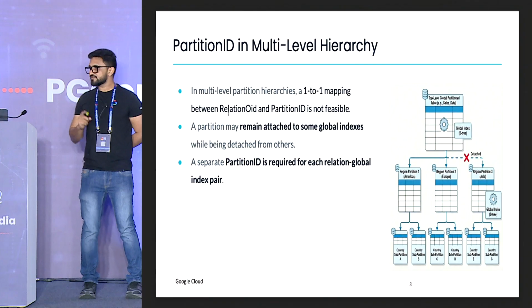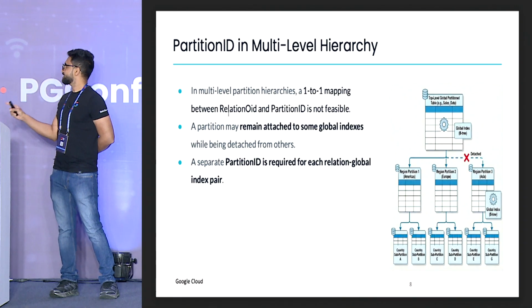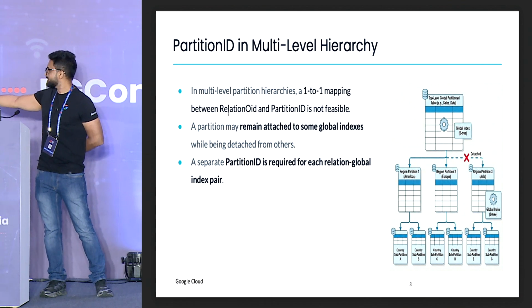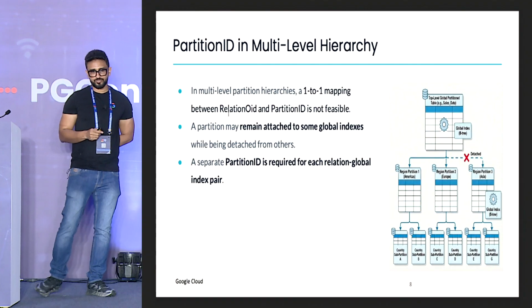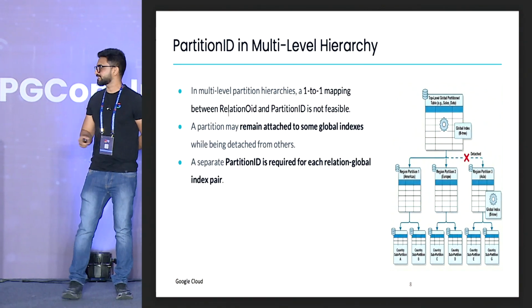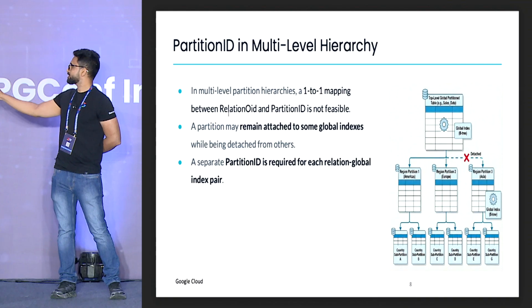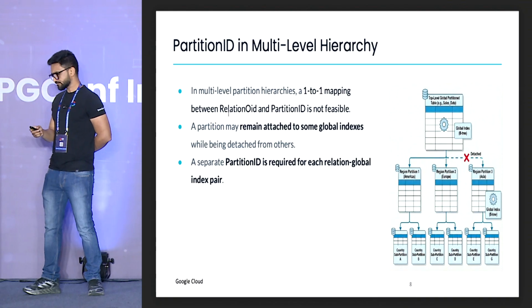But if I have a single partition ID and I invalidate that, it will get detached from these global indexes as well. The tuple inside the global index at the second level will also be invalidated. So I cannot do that. So what we need to do is, at every level in the partition hierarchy, we need to have a separate partition ID for each partition table.